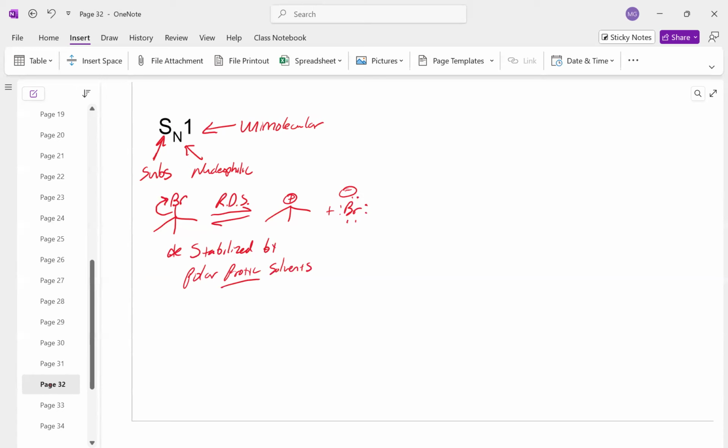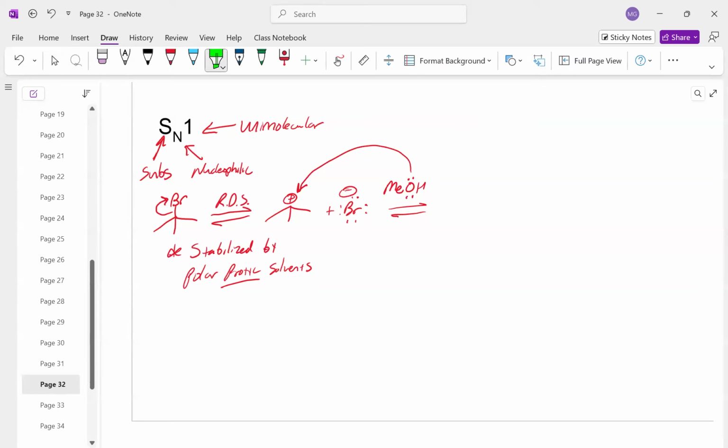So now, in the next step, we'll have our nucleophile come in. Our nucleophile here was methanol. Me is our shorthand for methyl. Now, again, I want you to highlight something really important here. Notice that the nucleophilic atom does not have a full negative charge.